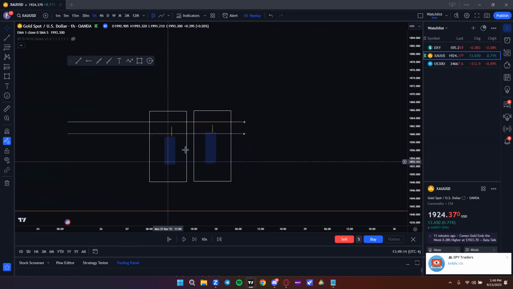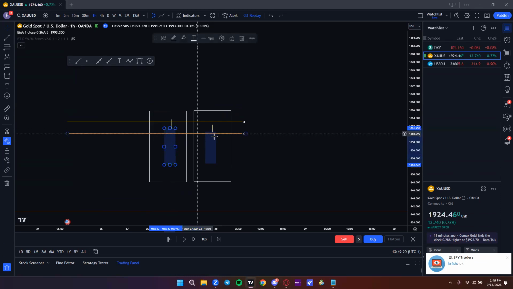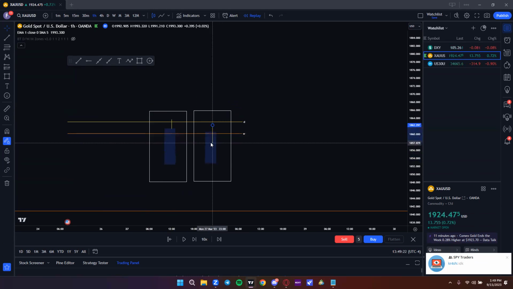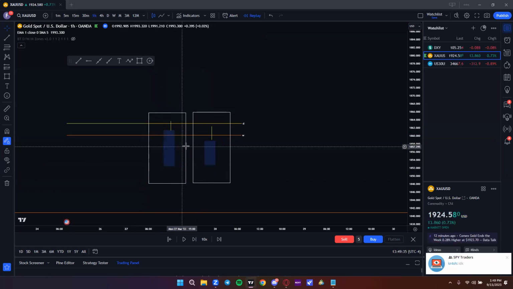And you see that it broke above. Let's consider the breakout first, and then I'll explain the rejection. There are two steps with the rejection. Okay, so if there's a breakout, it's pretty simple.